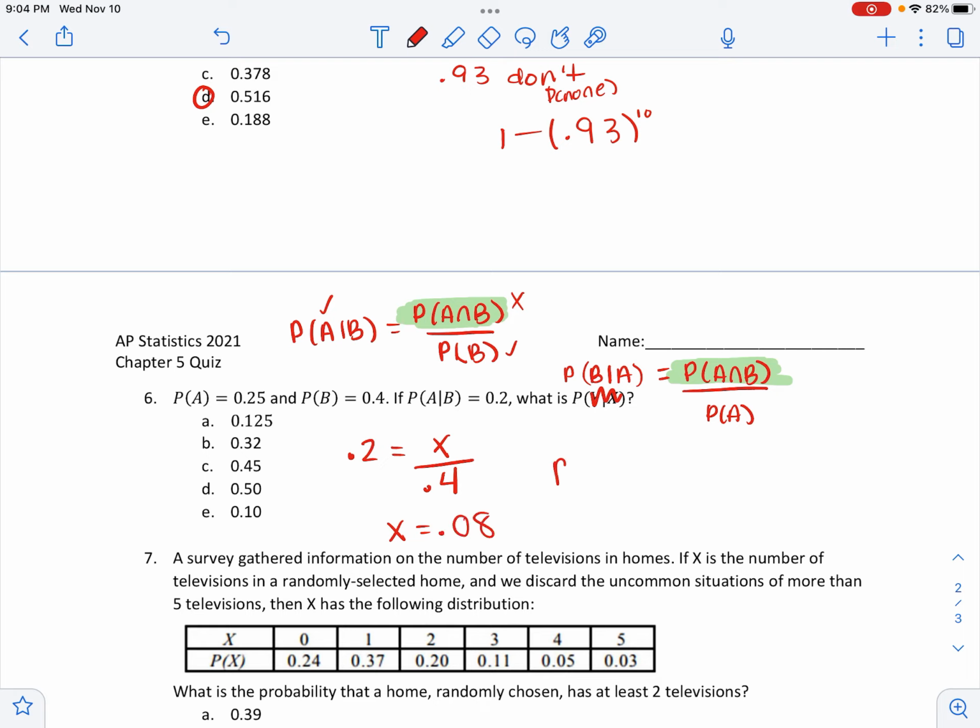Now plug in for what we're actually trying to find. The probability of B given A is that 0.08 divided by the probability A is 0.25, so 0.08 divided by 0.25, and I get 0.32.